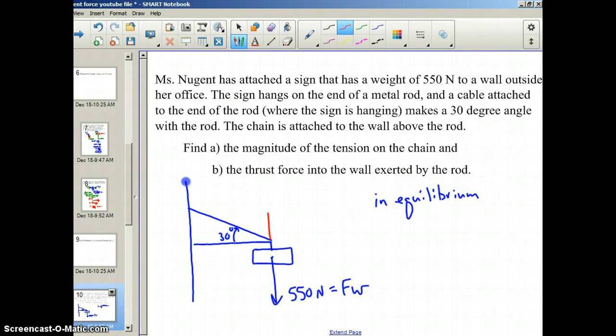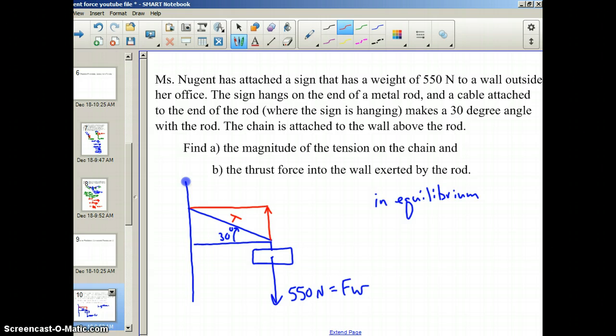So I will draw an upward force. It's tricky to know just how long to make this vector. But since we know that it is a component force of the tension on the chain, then it must form a right triangle. It must be mutually perpendicular to the horizontal component of that tension.